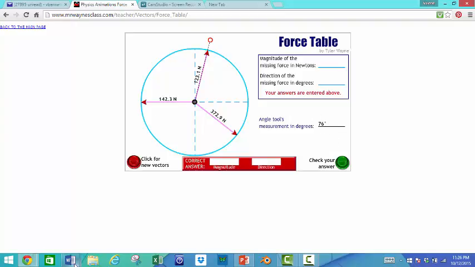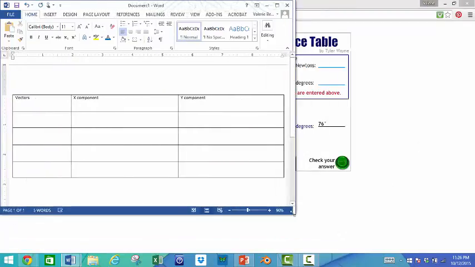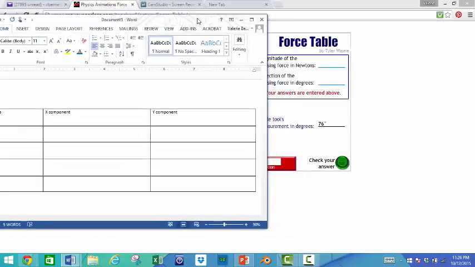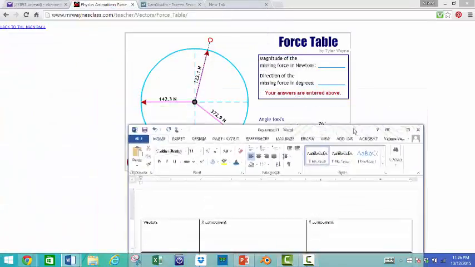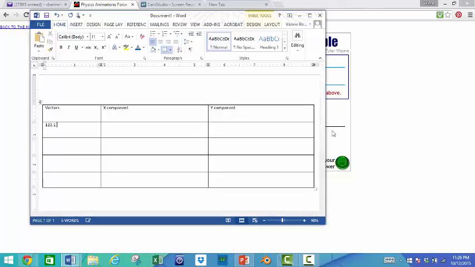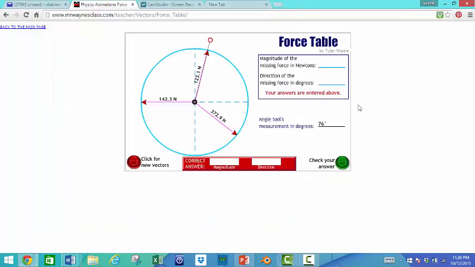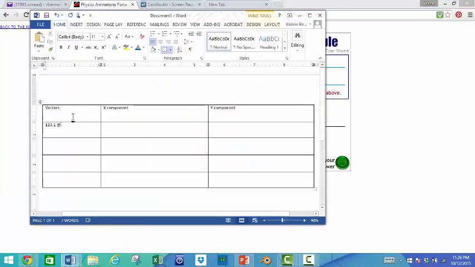Okay, so I'm going to go over here and type in Word. I'm pulling up my Word document, but you can of course write this inside of your lab book. So 123.1, and it is at 76 degrees. Yeah, 76 degrees.